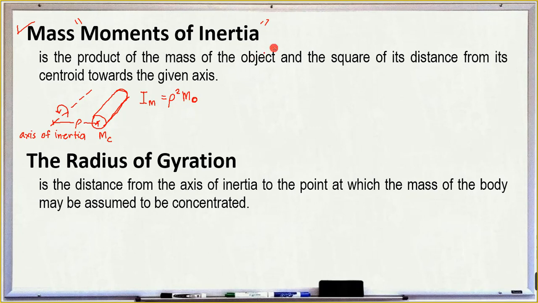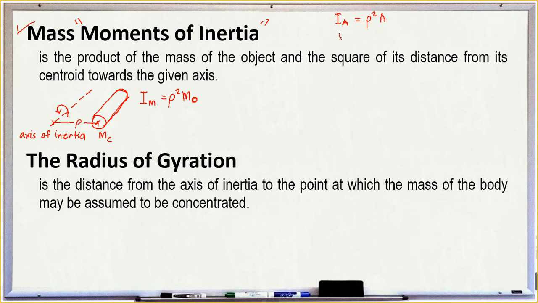So as you can see, its formula is somewhat similar, they have a similarity with respect to the second moment of area, because recall in our previous discussion, if you watch the video, the moment of inertia alone, also known as the second moment of area, let's denote that one as I, is equal to rho square times the area.